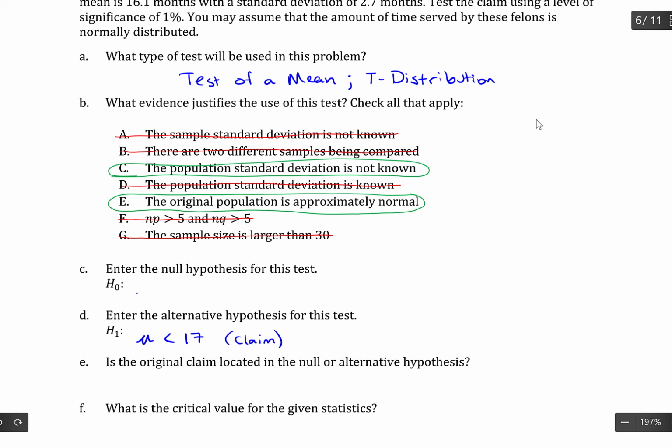The complement is mu is greater than or equal to 17, which you can use. That's perfectly fine, although it's becoming a little more common to just put equals. So that's what I'm going to use here: mu is equal to 17. Is the original claim located in the null or alternative hypothesis? We put the claim in the alternative, so H1.